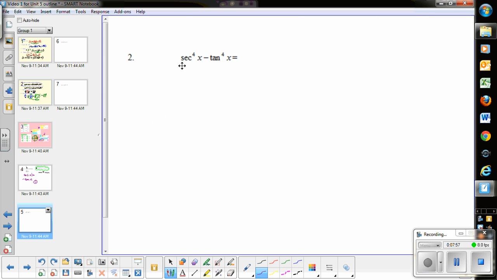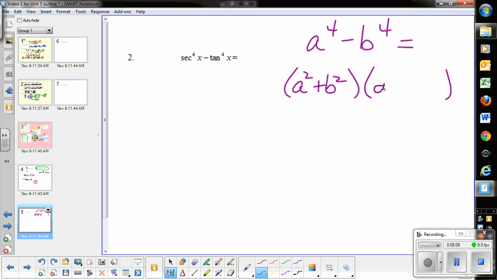This next question reminds me of factoring. Like if I had a to the 4th minus b to the 4th, I would recognize that as a difference of squares. And I would factor it a squared plus b squared, a squared minus b squared. And then this itself might have some more simplifying to do because it is also a difference of squares.